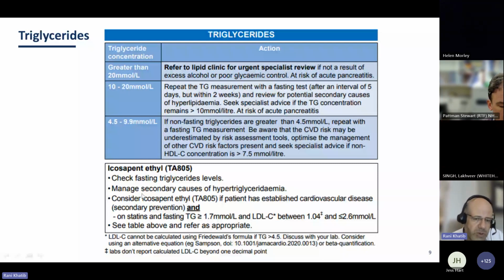But usually the licensed doses are not for managing those very high levels of triglycerides of more than 10 or more than 20. You probably need higher doses to control it, and other drugs. So I'd say if you've got a patient who is hitting the risk of pancreatitis levels, which are more than 10, more than 20, then you'd better seek advice. So this is where the triglycerides element lies. I don't know if you want to add anything, Stuart, on that.